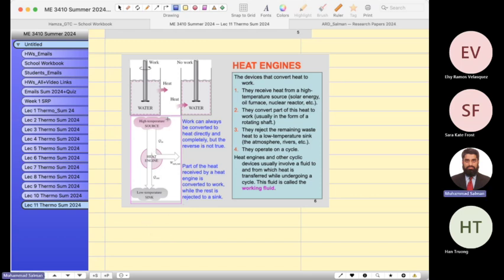It is saying that the heat is traveling from the hot to the cold body reservoir, and during that process we get the work output. That's the main idea.